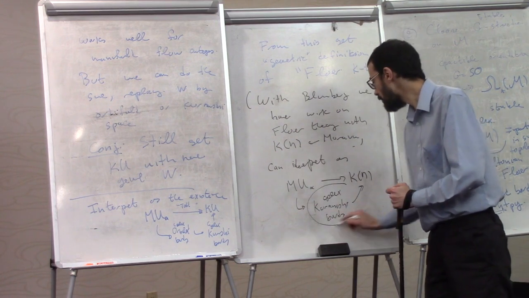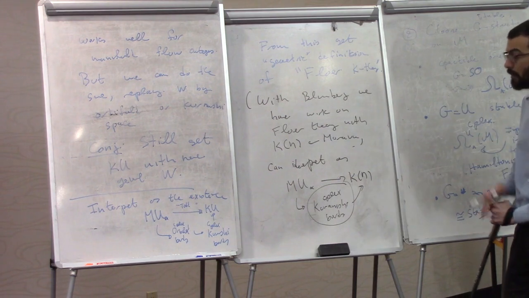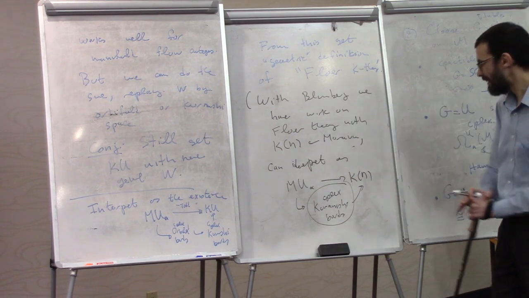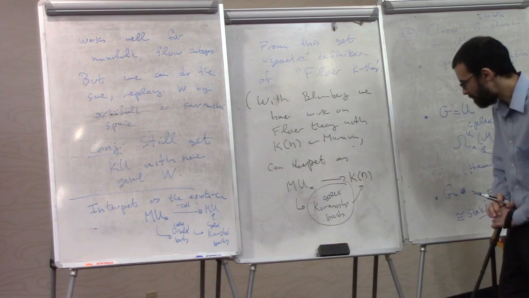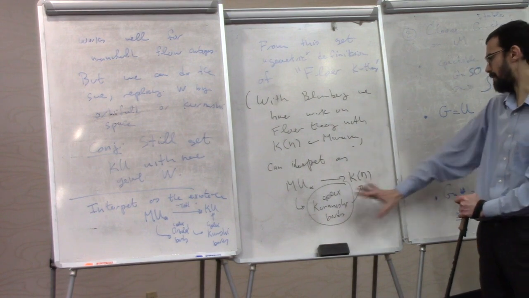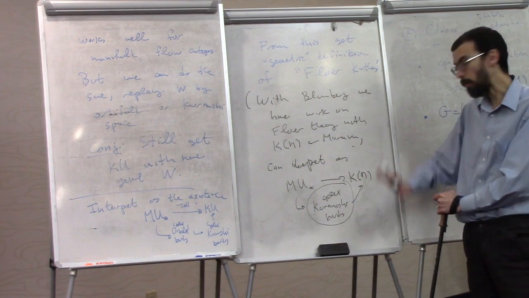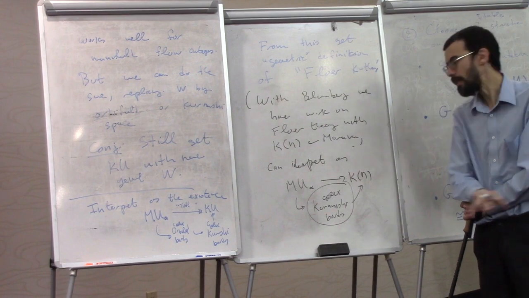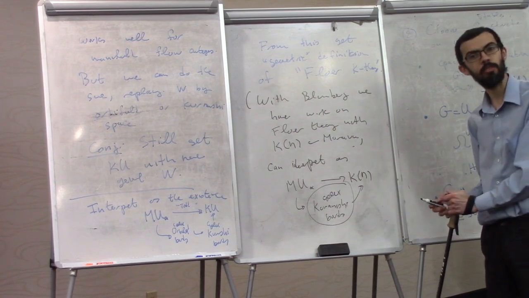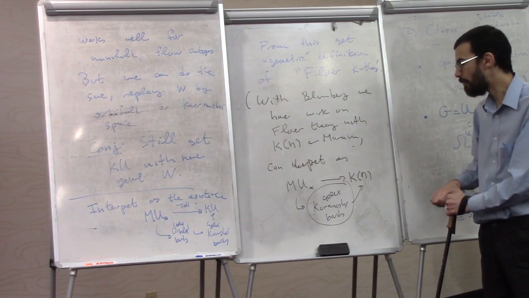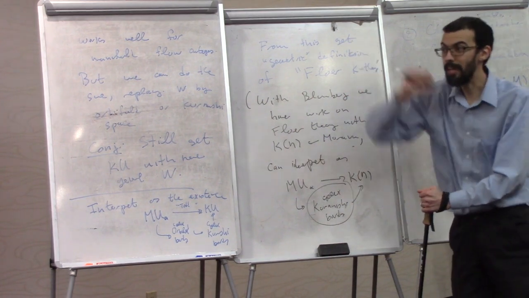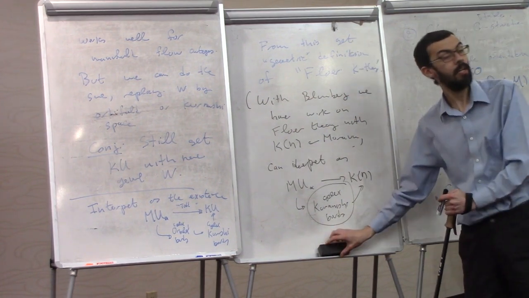So if you construct a flow category in which the morphism spaces are Kuranishi spaces equipped with stable complex structures, then from that you can extract a K(n) homotopy type. Except our proof, instead of working on the side of Pontryagin-Thom that I'm talking about today, worked on the other side.